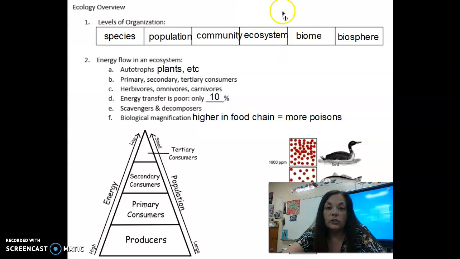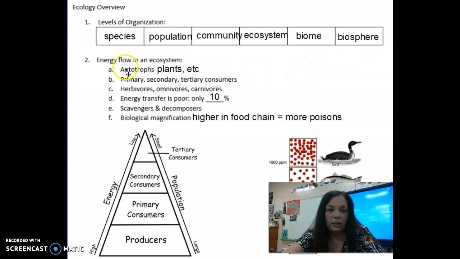A lot of ecologists study ecosystems because without all that stuff, you can't really see how a whole system survives, okay? And then a biome is a region of the earth that has certain characteristics, like a rainforest, an ocean habitat, a desert, tundra. There's a whole bunch of different kinds of biomes. And then, like I said, biosphere is all the regions of Earth where life can exist, okay?